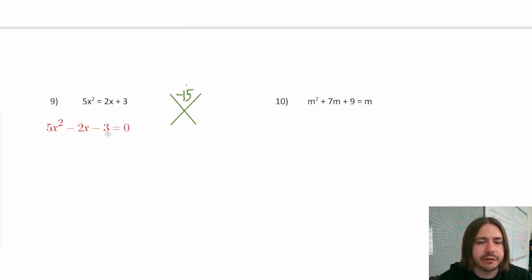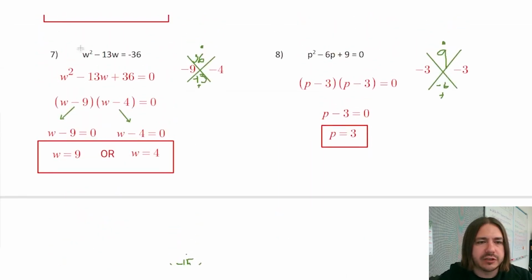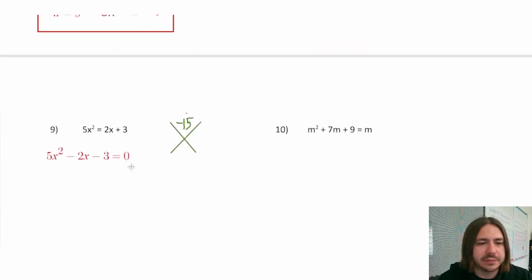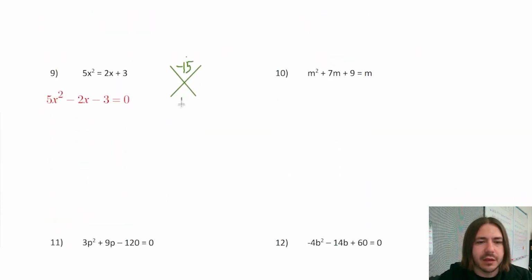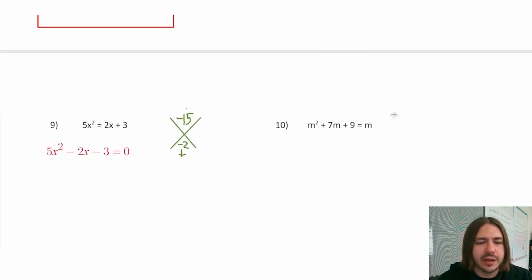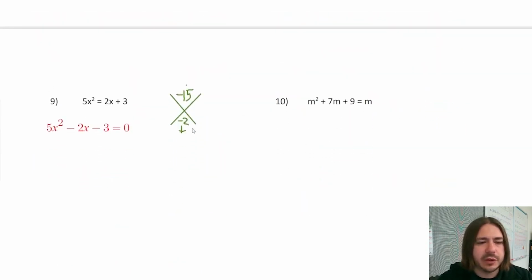We were kind of doing that already, it's just that we were multiplying by 1, so I didn't really mention it. We still need two numbers that add up to negative 2, which is that B term. This is similar to one we already did, the 15 and the 2. So two numbers that multiply to give you negative 15 and add up to negative 2 are negative 5 and positive 3.